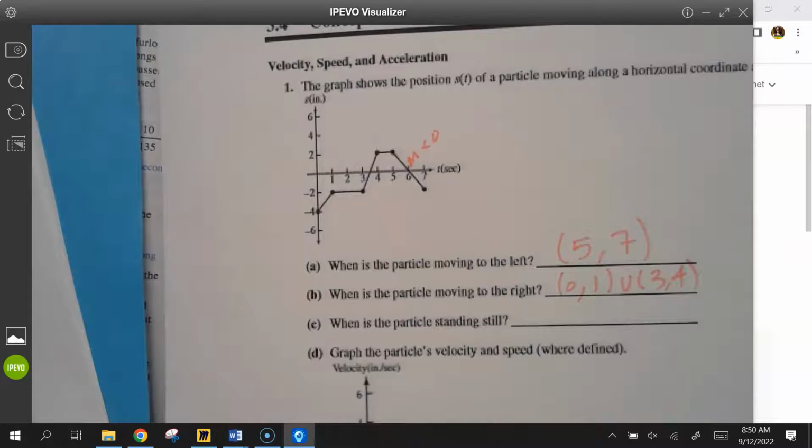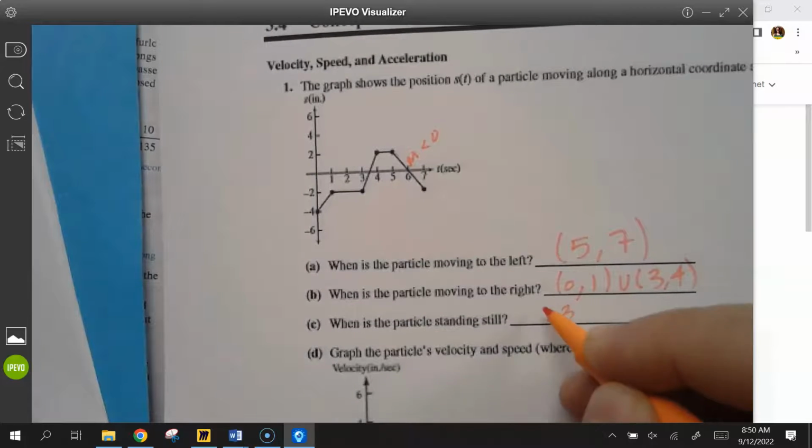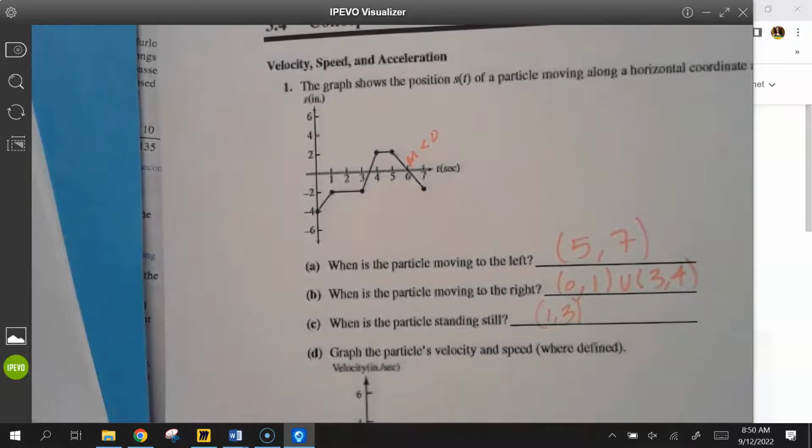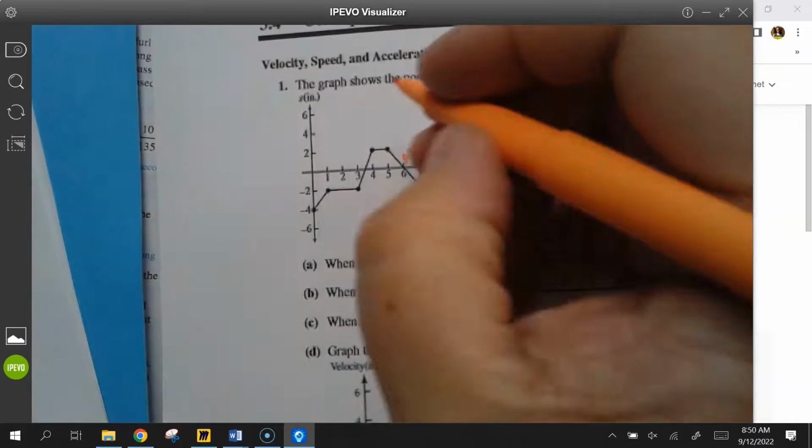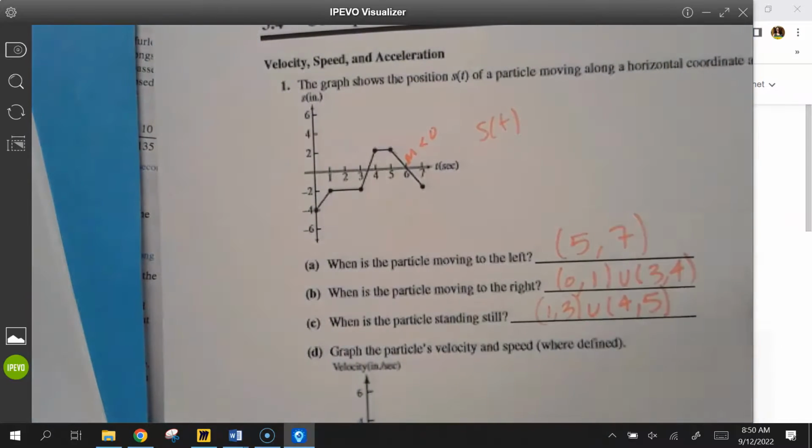When is my particle standing still? Where? 1 to 3. Is that it? 4 to 5. Yeah, because this is the graph of position, right?